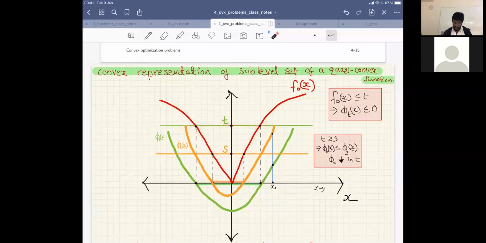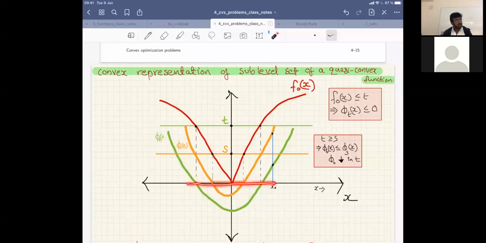To represent this sublevel set, I consider another convex function phi_t(x). What will be the zeroth sublevel set of phi_t(x)? It is the values of x for which the green function takes a value lesser than or equal to 0.